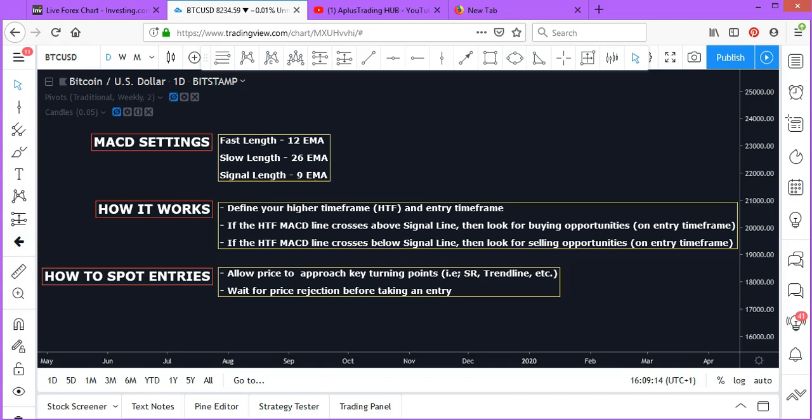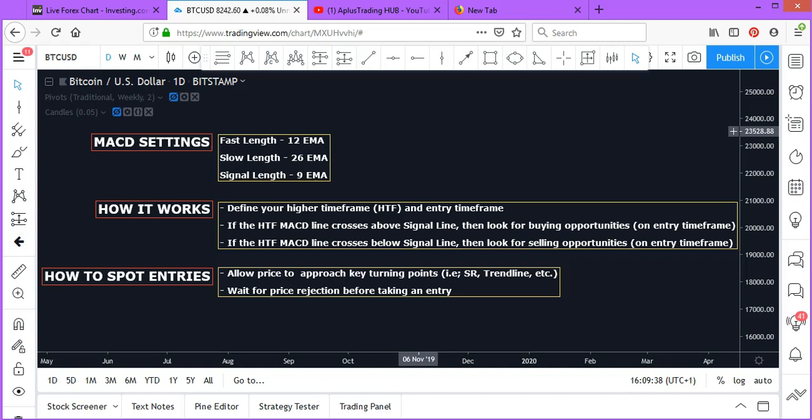MACD indicator, most of us know, is a trading indicator. You can find them on the MT4, MT5, TradingView, or any other trading platform. It's very simple. I don't want to tell you the definition of the MACD. All I want to do in this tutorial is just how I use it to spot entries.